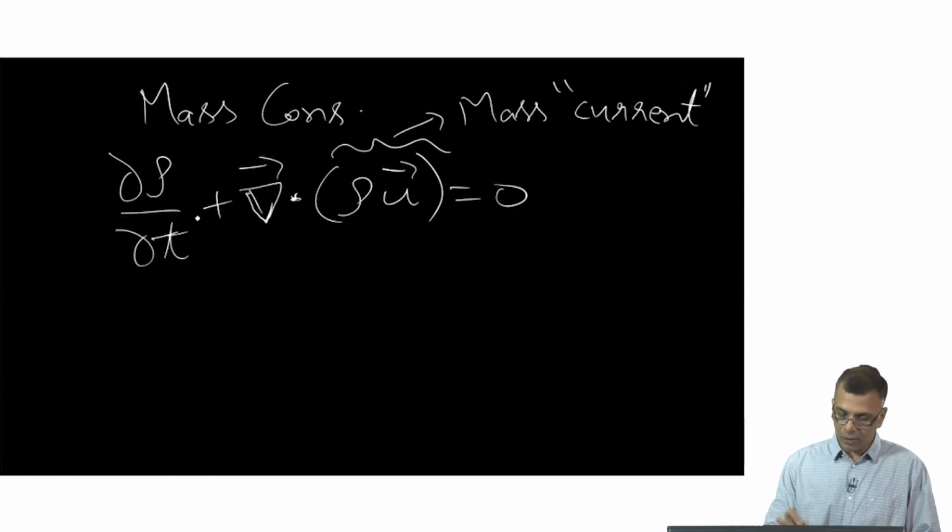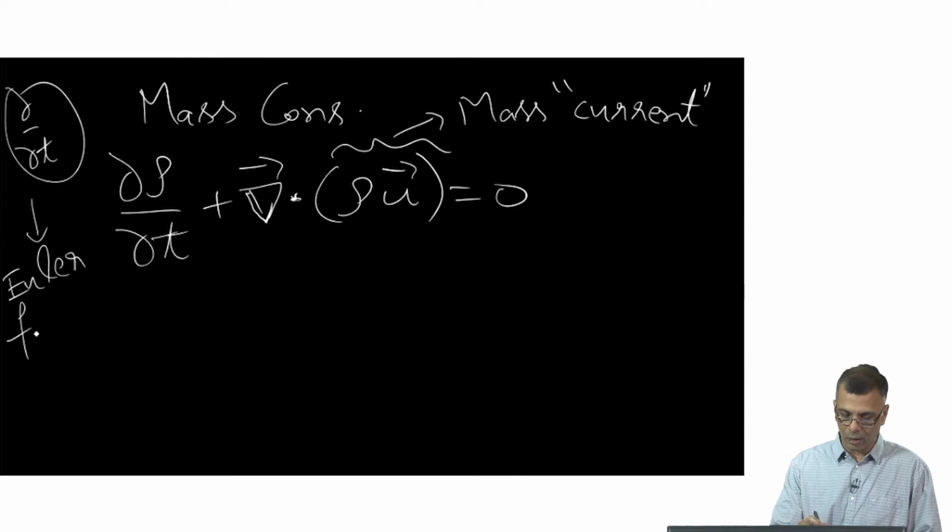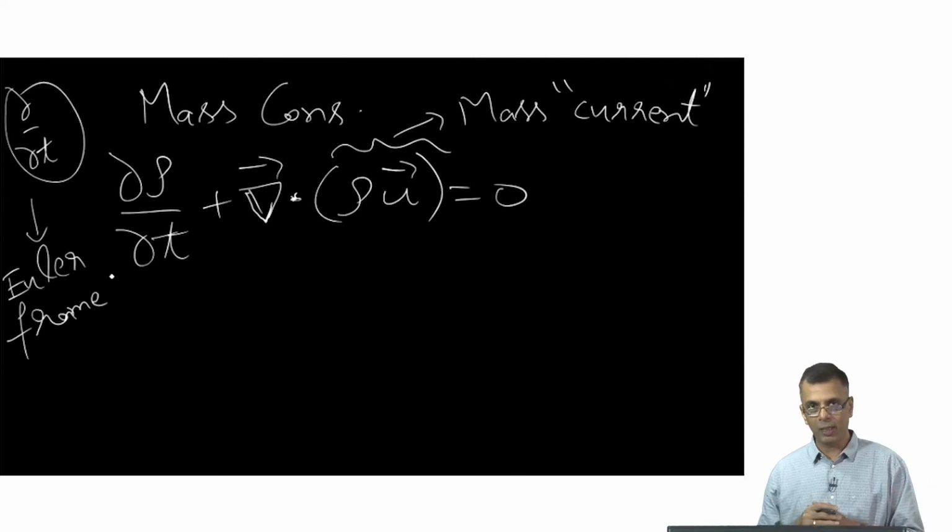So one thing to keep in mind, of course, is this d over dt, this quantity is in the Eulerian frame. It's in the frame of the person who's sitting in the lab and watching stuff go by, right?